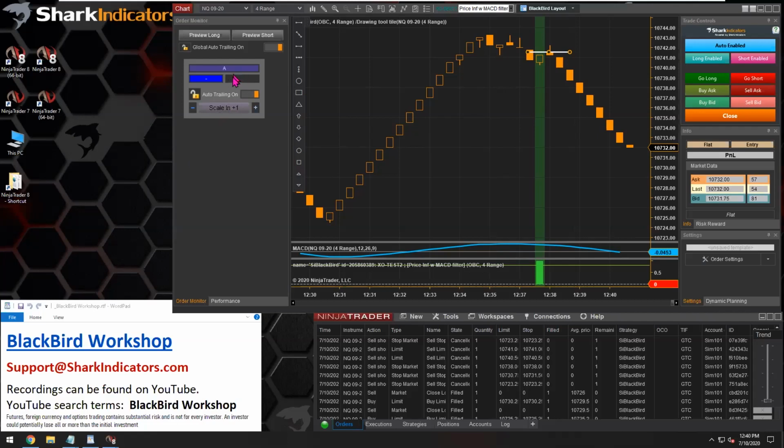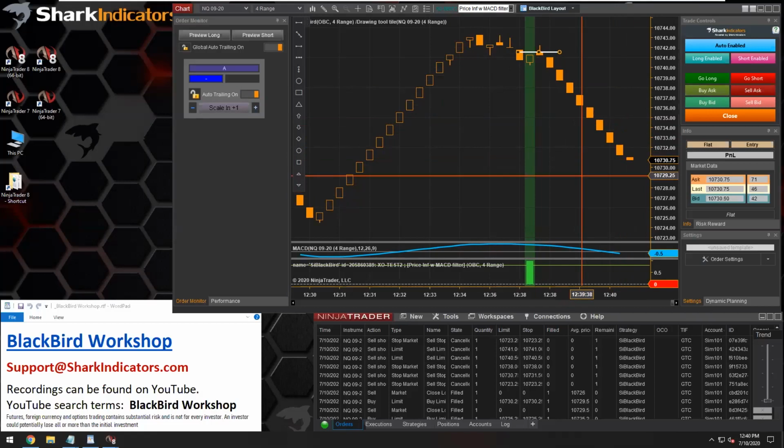So we can see A canceled. So A is gone. Let's see, 1, 2, 3, 4, 5, 6, 7. So probably at the end of the 7th bar, maybe the beginning of the 8th bar, we can see order A canceled.